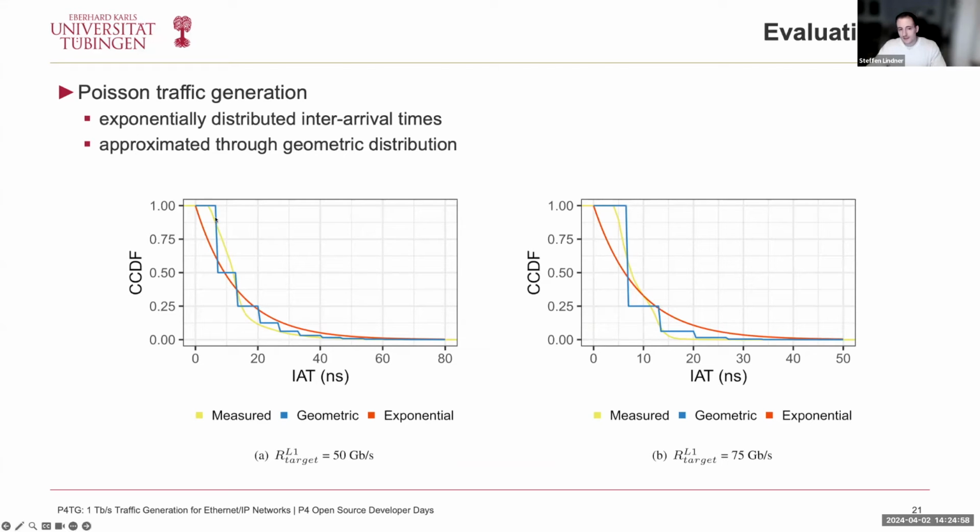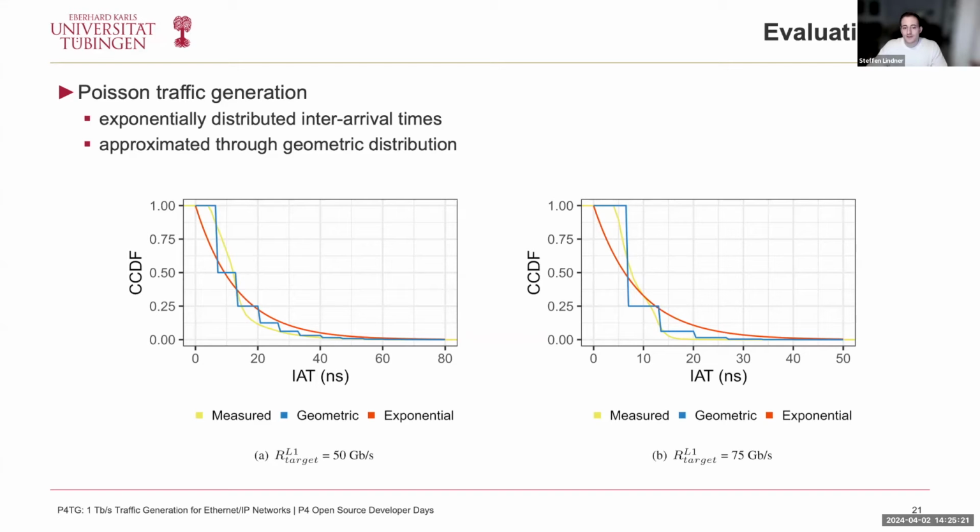And what we see here in these plots is a measurement over the seen interarrival times when we generate Poisson traffic. The yellow line is the measured interarrival times. The red line is the theoretical optimal exponential function in the Poisson process. And the blue line is the discrete geometric distribution in theory.